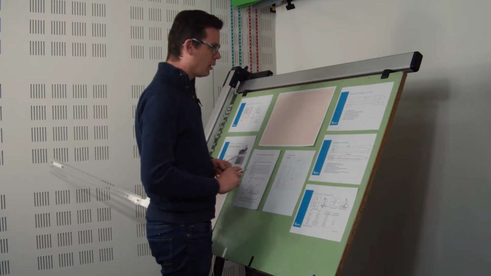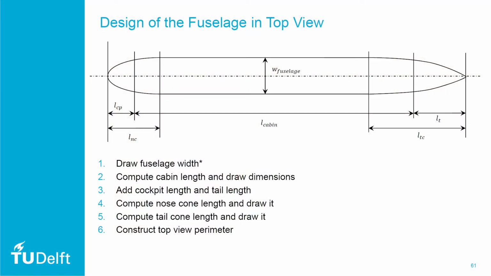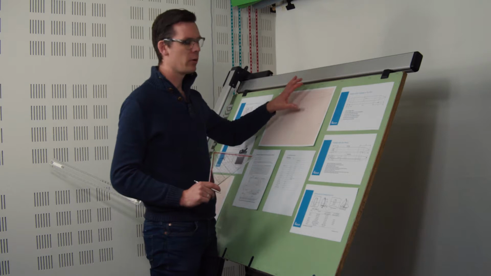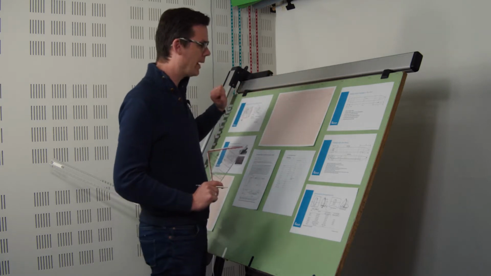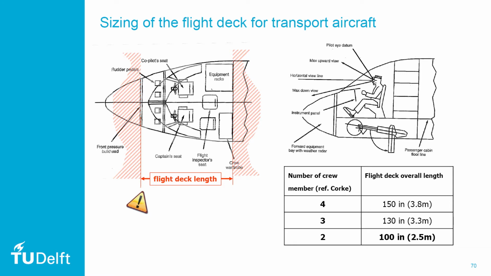Then in terms of the top view, we still need to look at where the flight deck ends, and you have to make a decision on that. Typically, if you have an airplane that is a little bit smaller and only has 2 pilots, the slides actually suggest that you can then use a flight deck which has a length of about 2.5 meters.